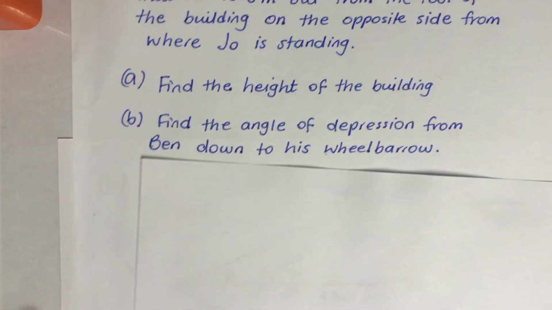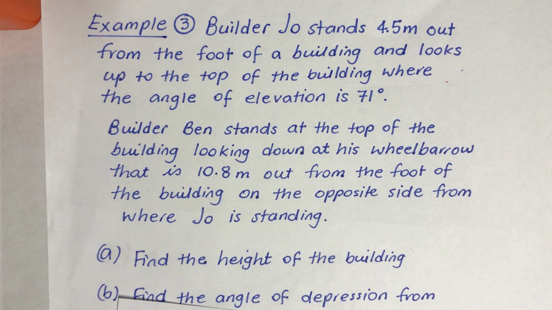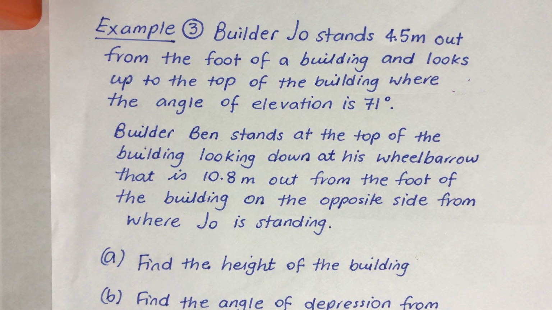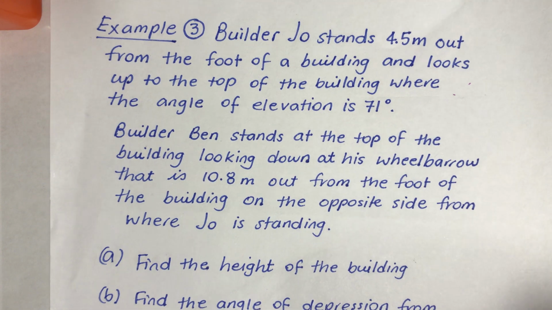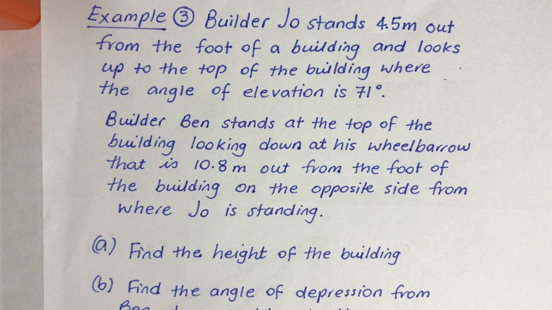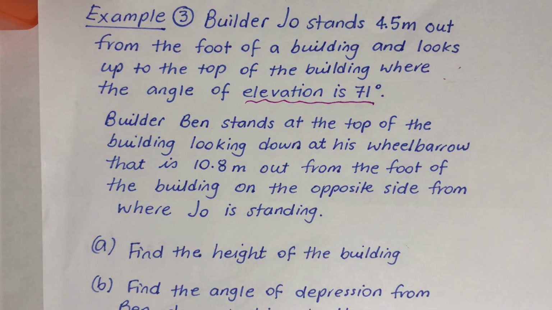Now, don't stress out for the next question. I can already see a lot of you stressed out or switched off when you look at these, but it's not that bad. Let's have a look. Builder Joe stands 4.5 meters out from the foot of a building, and looks up to the top of the building where the angle of elevation is 71 degrees.